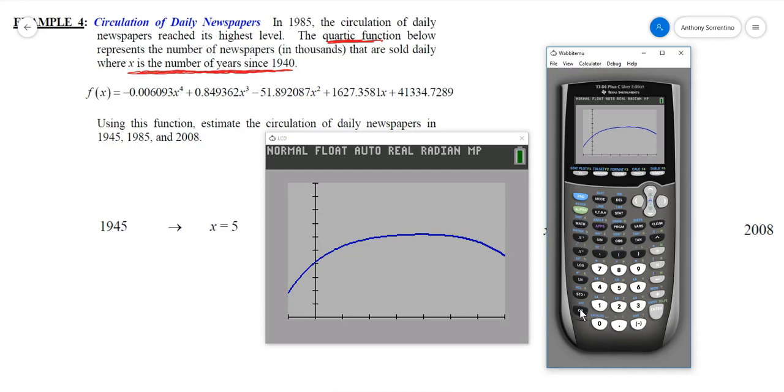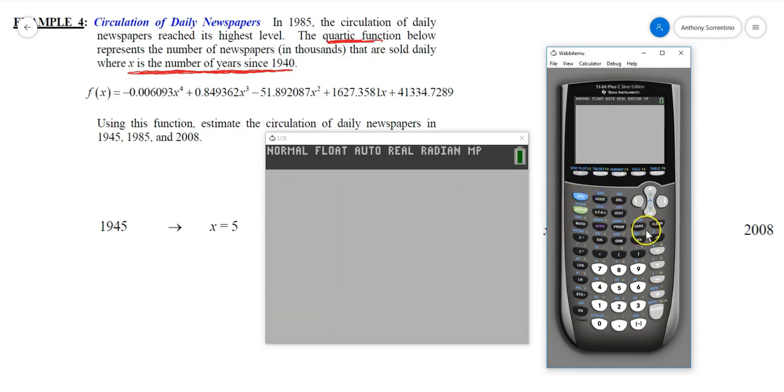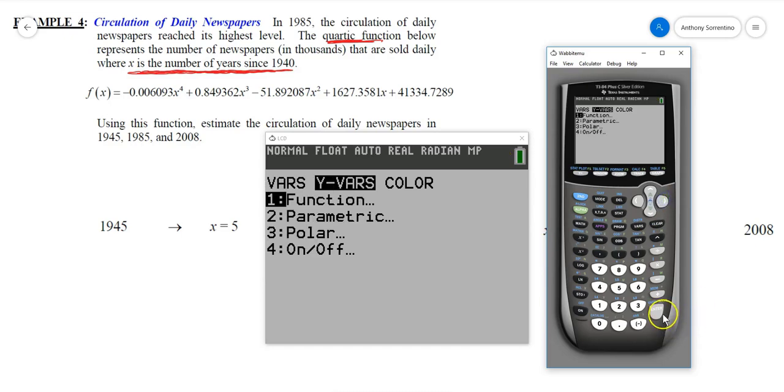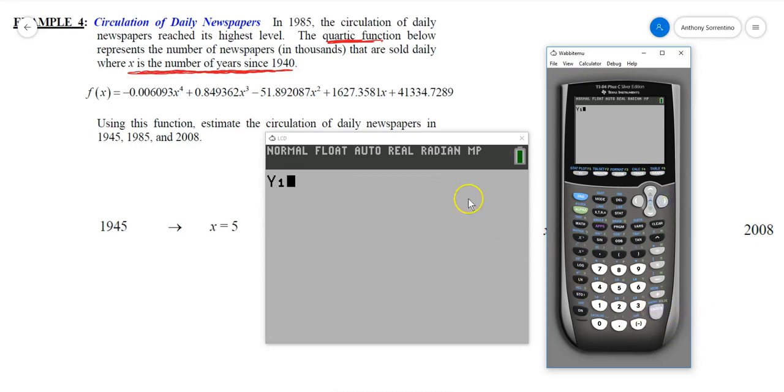For ones that have nasty decimals like this, you should really use the calculator to help you. The biggest part was typing it in, because now all I need to do is go to variables, go under Y variables, and choose Y1, because that's where I typed that formula in.